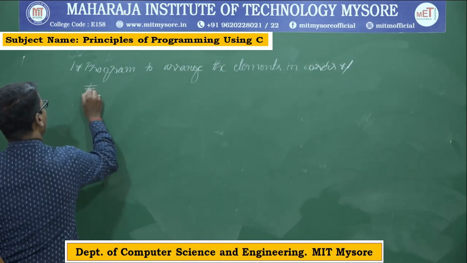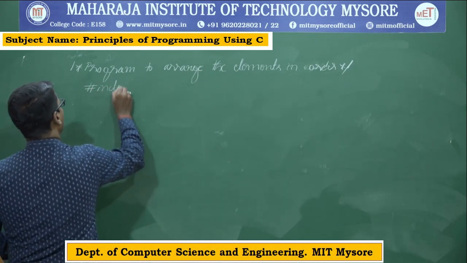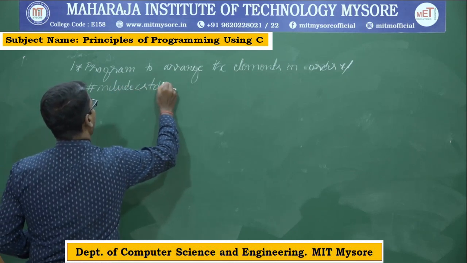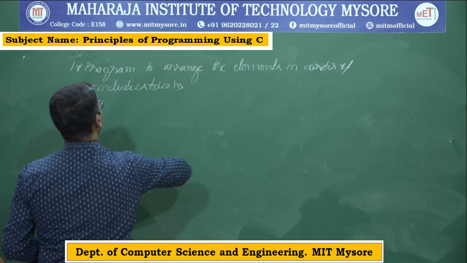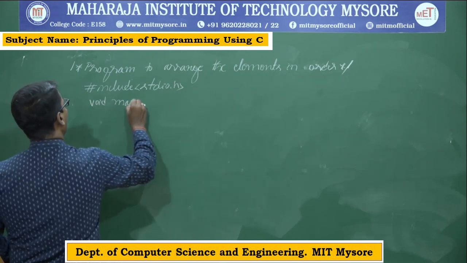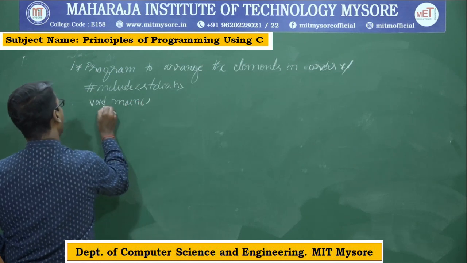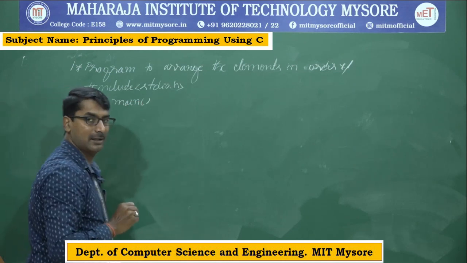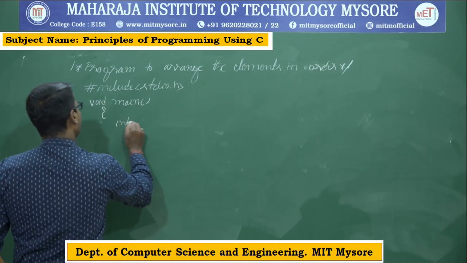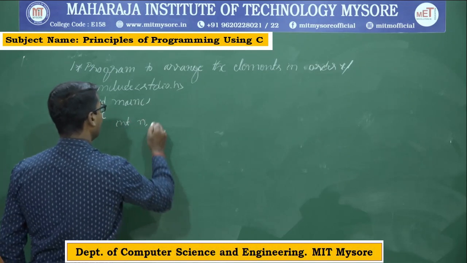Okay, first I include stdio.h, then void main. Here I already mentioned there are two inputs. One is int size of the array, that is n.